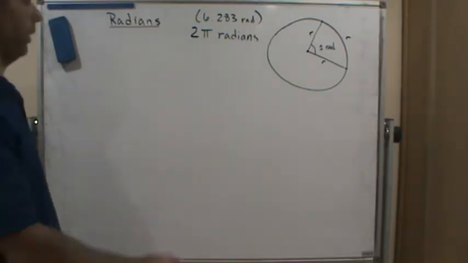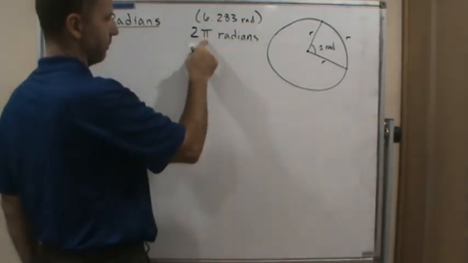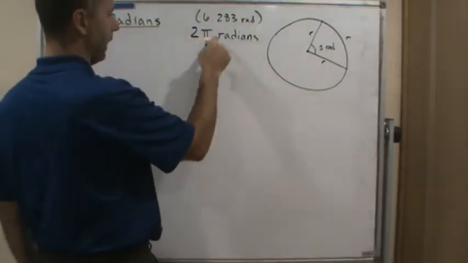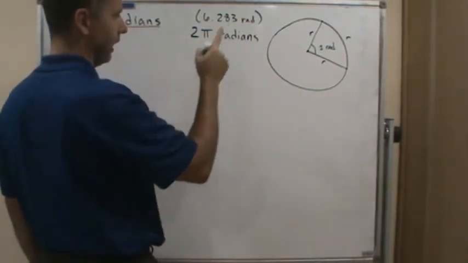Okay, but this is the exact, since pi is an irrational number that just keeps going on. So we know it's 2 pi radians. It is a full revolution.